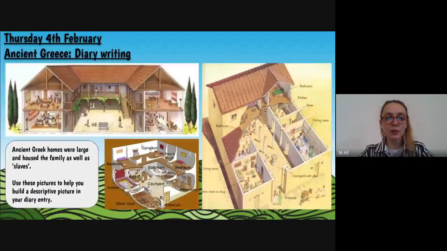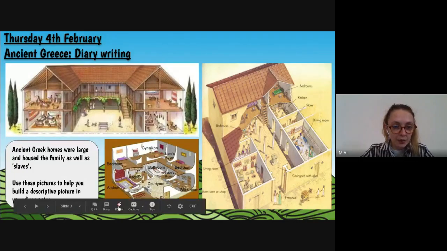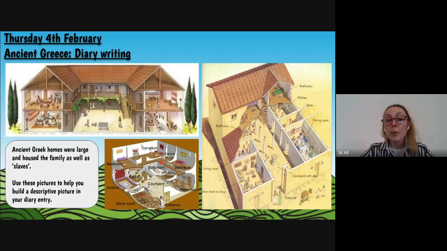So these houses that you can see on your screen here, as I've said, they would not be a house for everybody. These would be rich people who lived in these houses, and it wouldn't just be their family. As you can see over here, if I put my little laser pointer on, this one here actually says slaves' room.